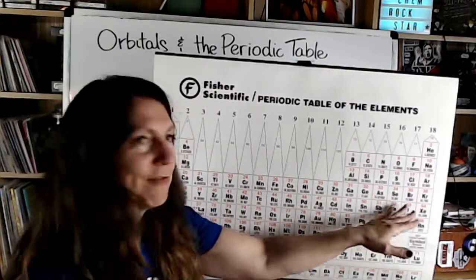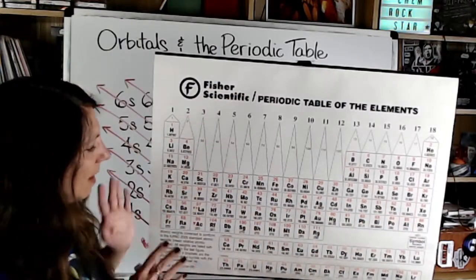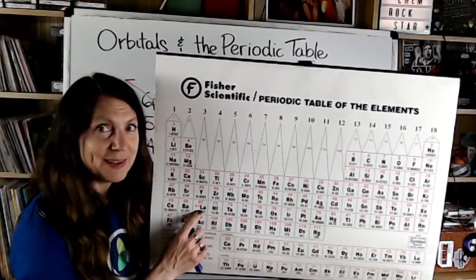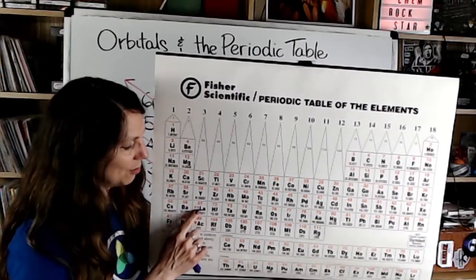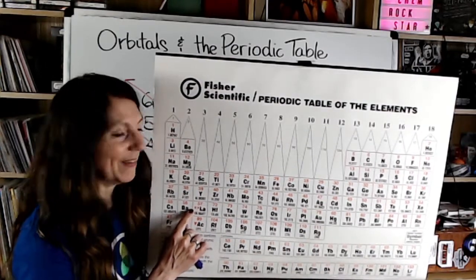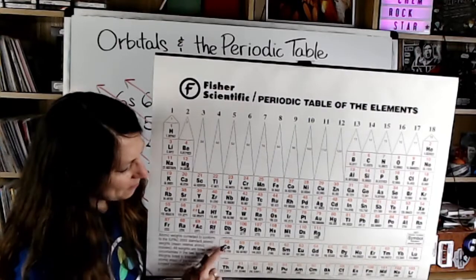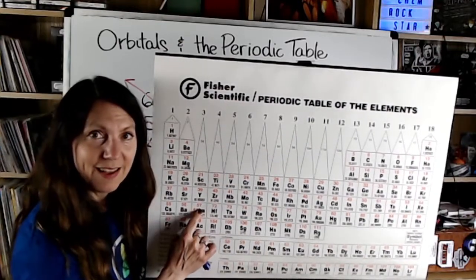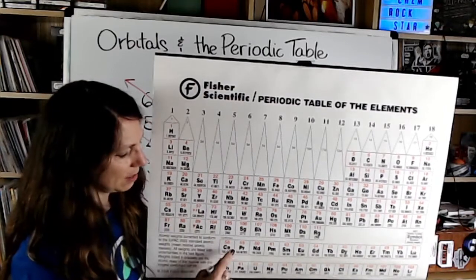Now, we would follow the rules. When you get to lanthanum, you might be like, oh no, now what do I do? There's this double asterisk. What's happening? This is where we have to jump from here and then go down to here.